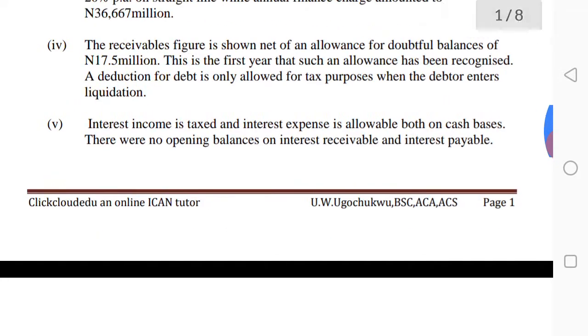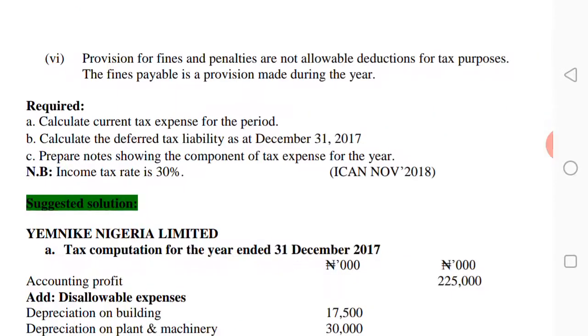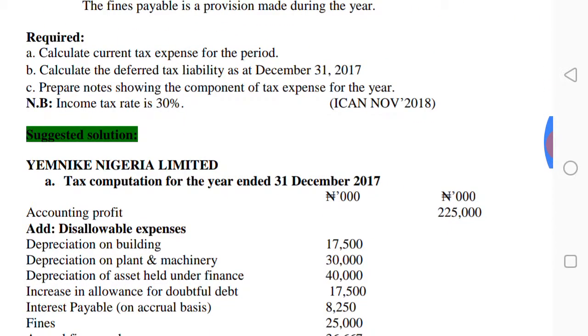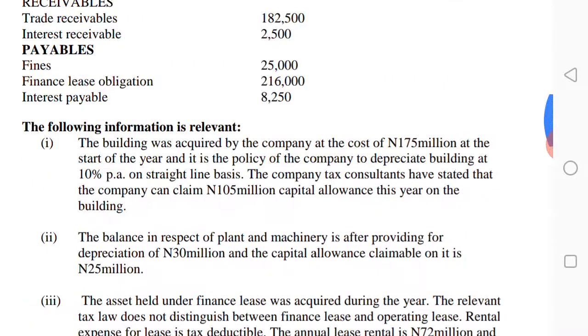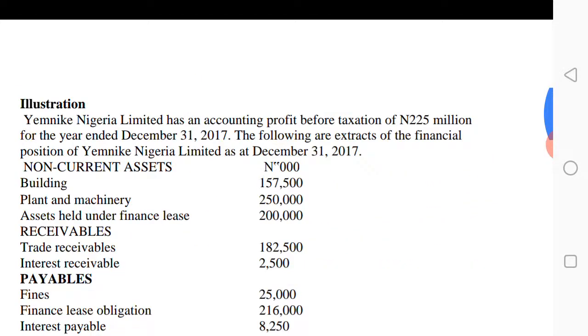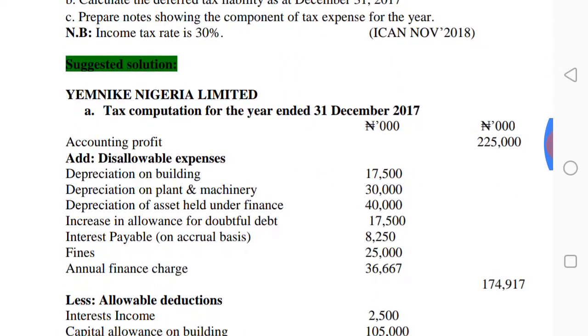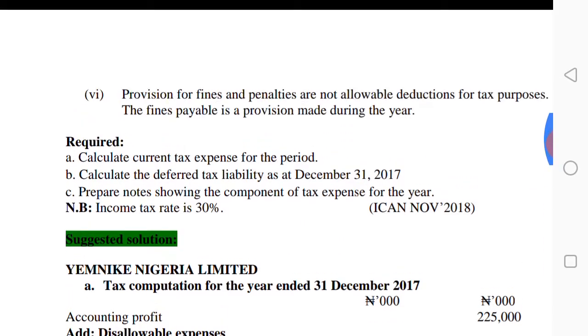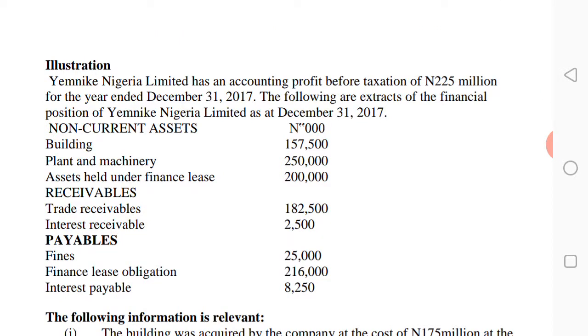Now in this question, we are told that the accounting profit for the year is 225 million. And again, we are also told that the company has assets, which is building, plant and machinery, and assets held under finance lease.